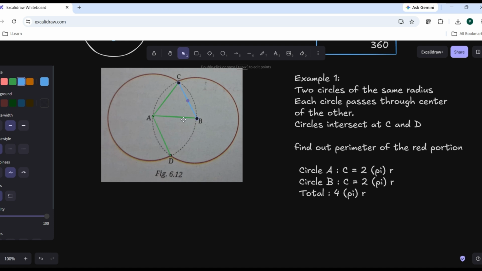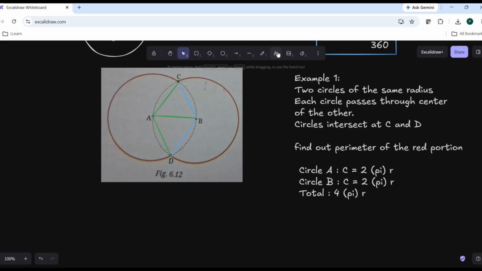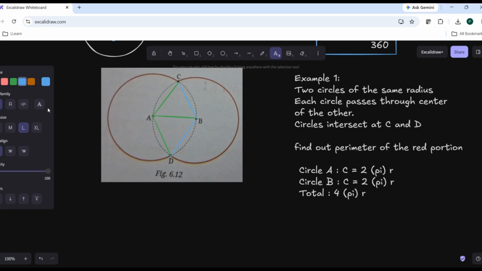It's a common radius for both the circle with center A and the circle with center B. Now B to C, when we join, it is again the radius for the circle with center B, and we join B to D. Again, it is a radius of the circle with center B. So this is R. It's not very good. I'll use this color.